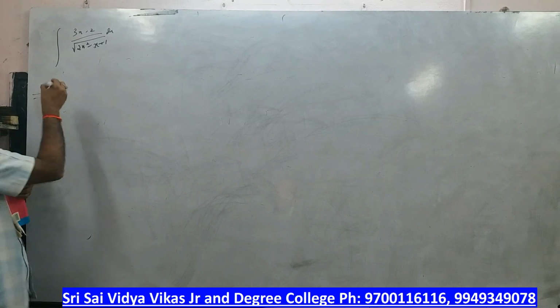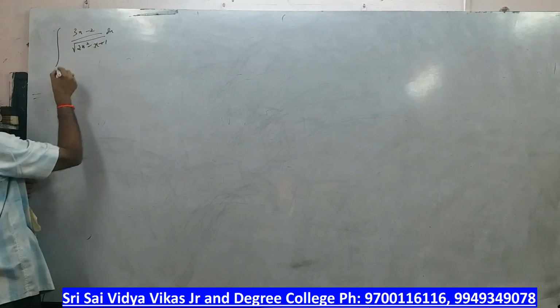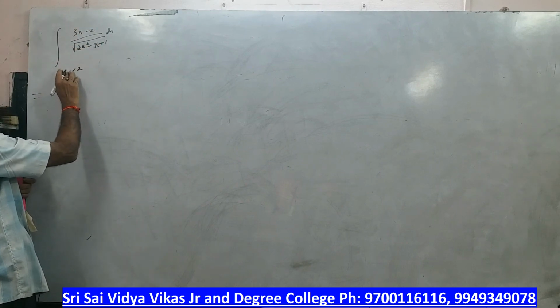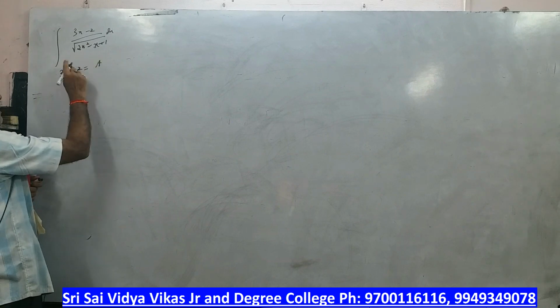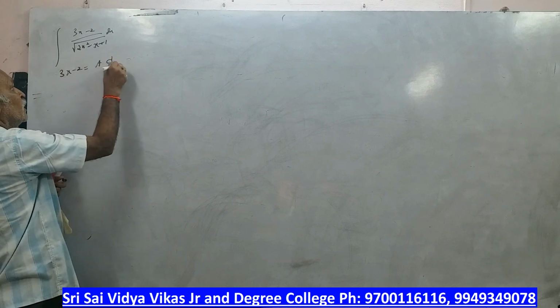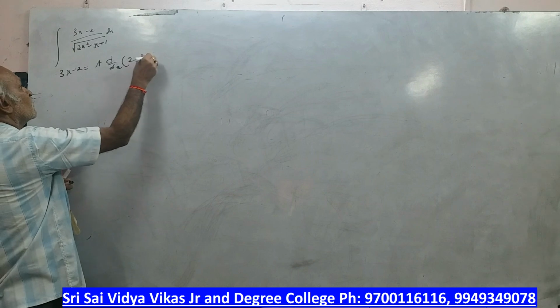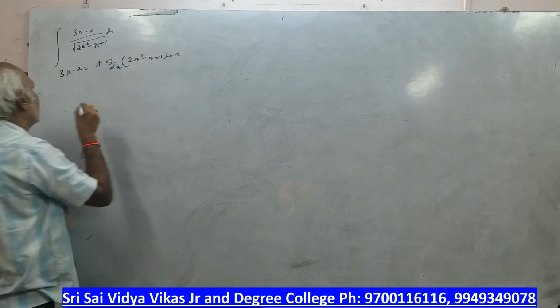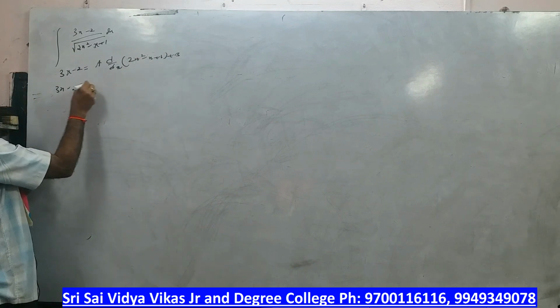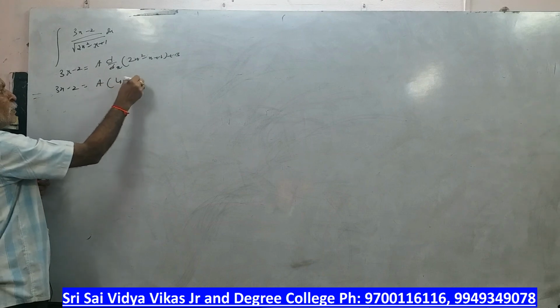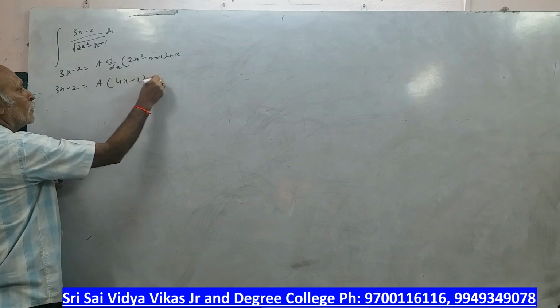Okay, one more problem. 3x minus 2 is equal to a into d by dx of plus b. Procedure is same, is equal to a into 4x minus 1 plus b.